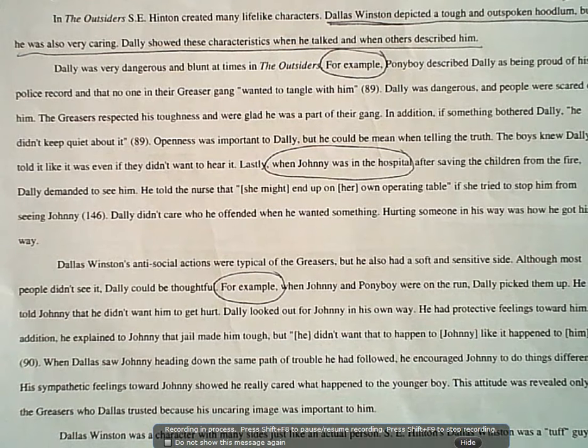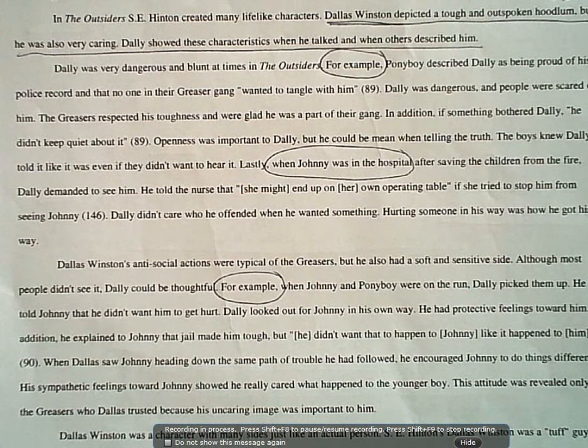So when this author, this literary analysis essay, goes into the body of the essay, instead of organizing by reasons, this author organizes by evidence. So first she has to prove he was tough, and then she has to prove he was caring, okay?